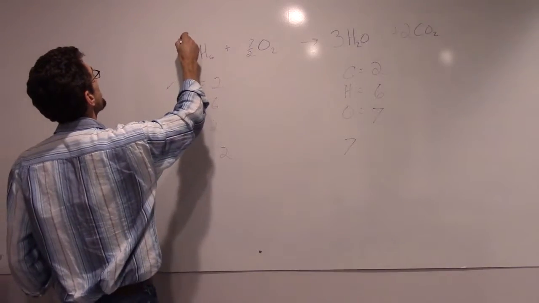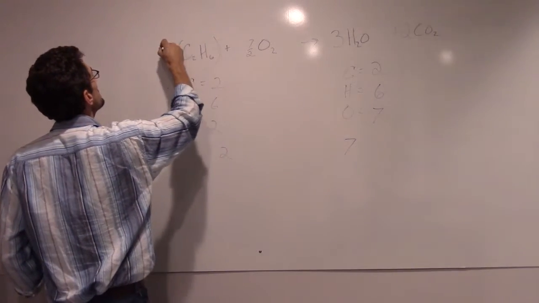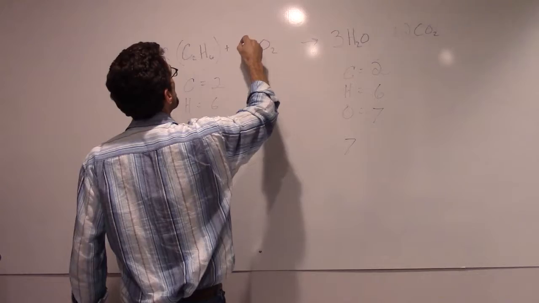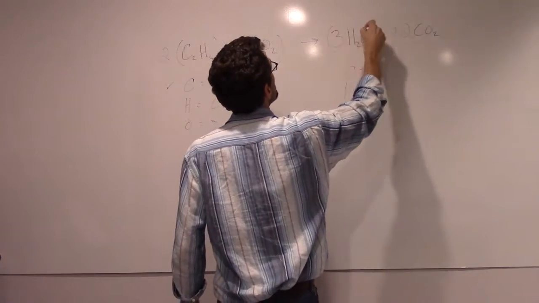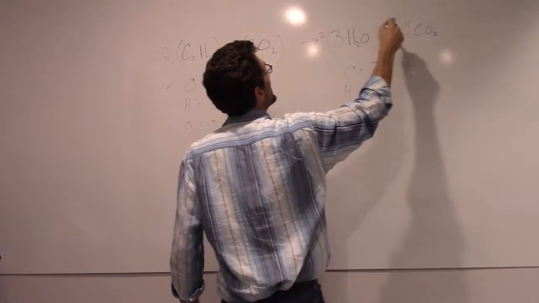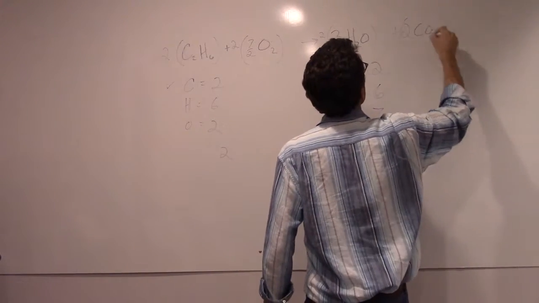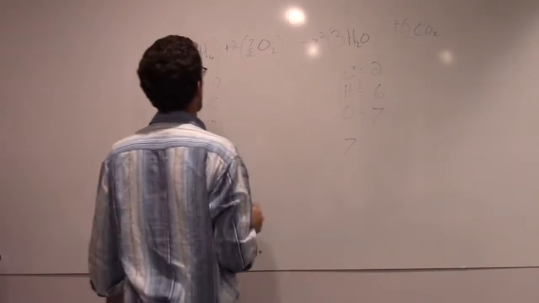If we multiply this by 2, this by 2, this by 2, and this by 2, what will that give us?